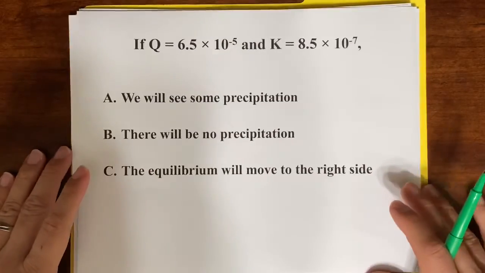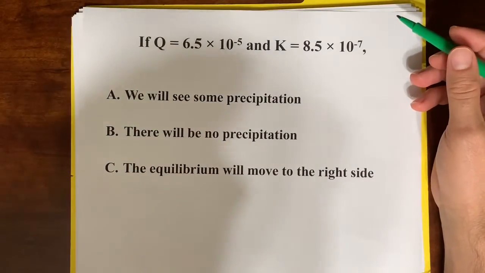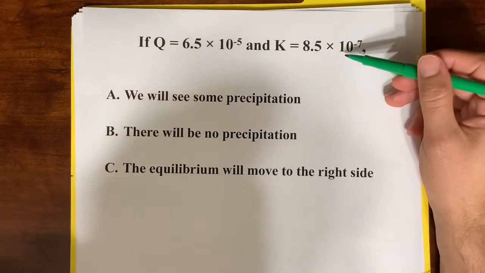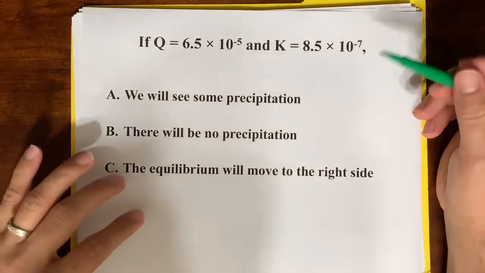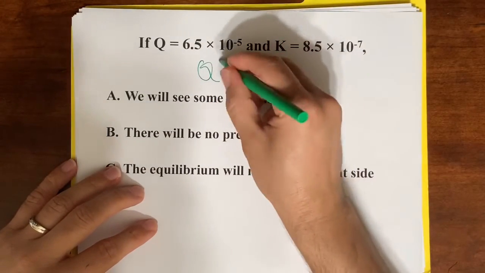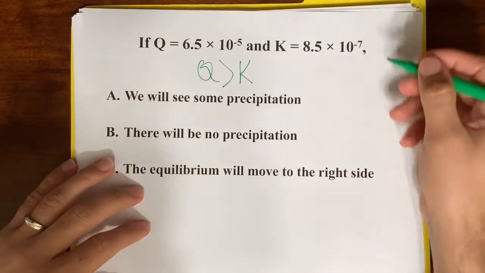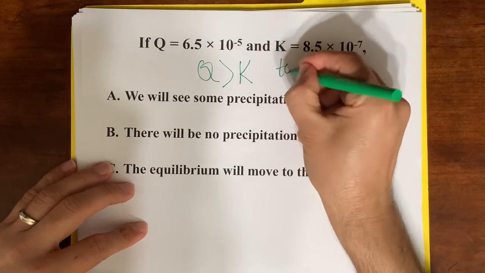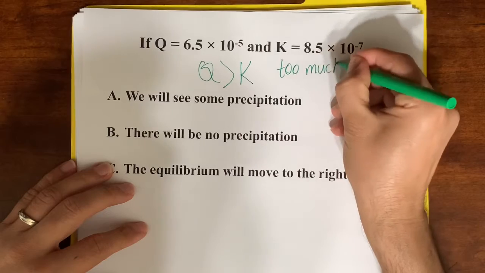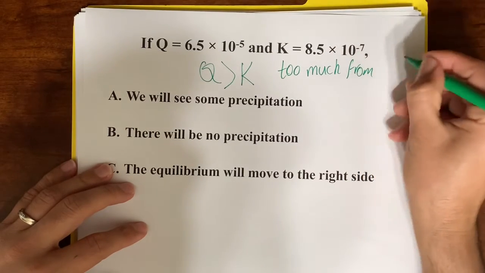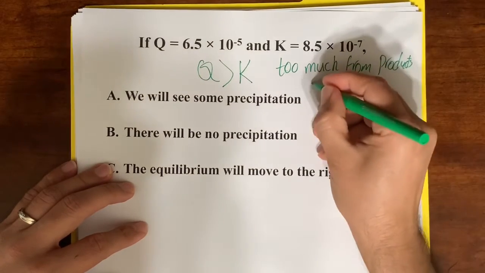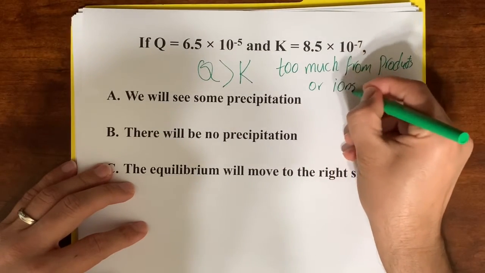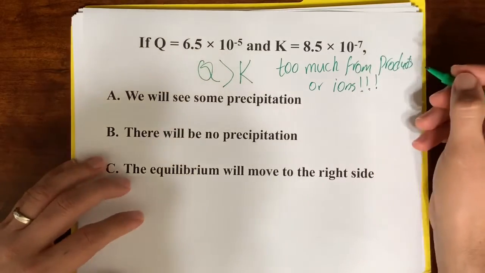Okay, check this. If Q is equal to 6.5 × 10^-5 and K is equal to 8.5 × 10^-7, then you get Q bigger than K. That means we have too much product, or ions.